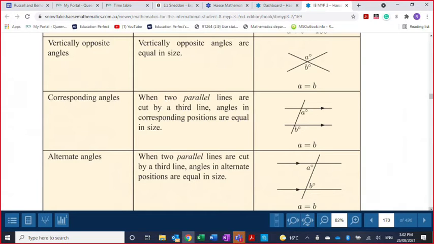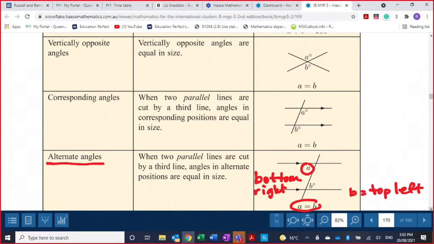So look at A and B. A is in the bottom right of that angle, and B is in the top left of this angle, right? And if that's true, if they are indeed alternate angles, angles in alternate position are always equal.